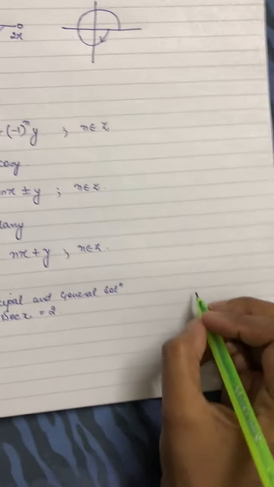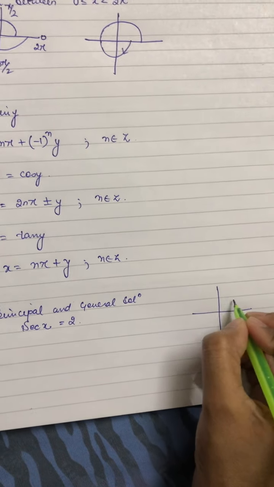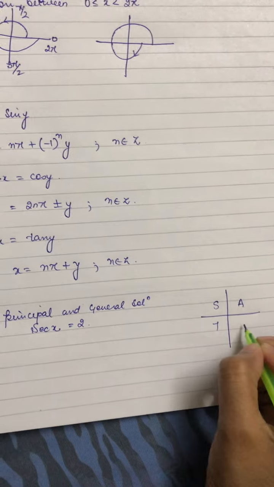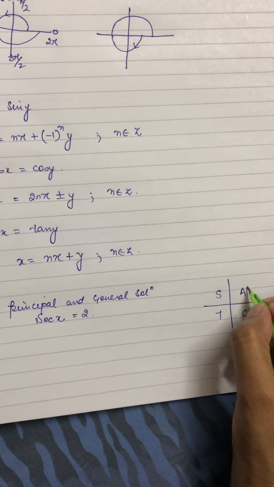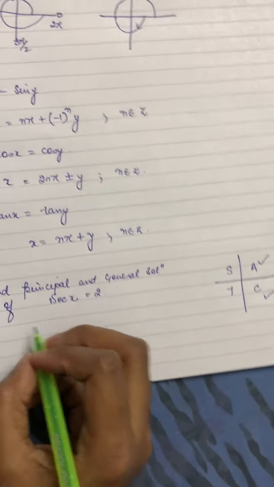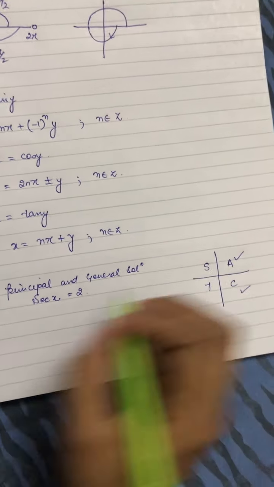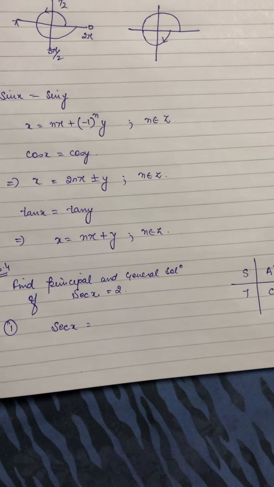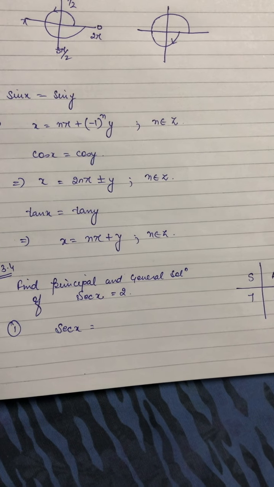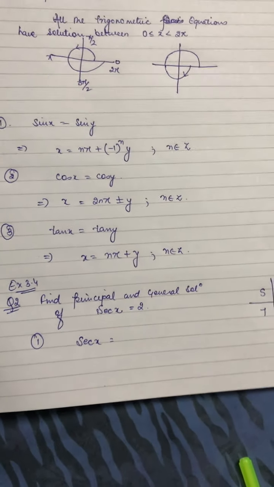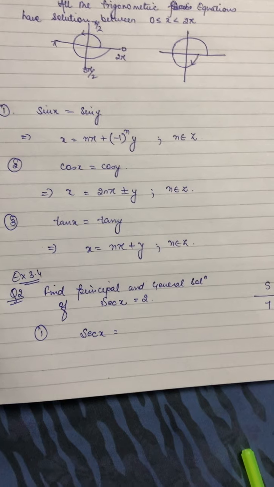So for sec x, if I make a chart, sec is positive in the first and the fourth quadrant. So first step, for the first quadrant, sec x, I know sec is the opposite of cos. 1 by 2 is at 60 degree, cos 60 degree is 1 by 2.